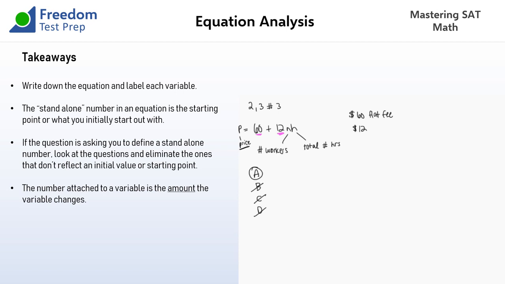Okay, now let's go to section 4. Let's go to 35. Okay, so you can do the work here. So test 2, section 4, number 35. It gives us an equation. A equals 18T plus 15.